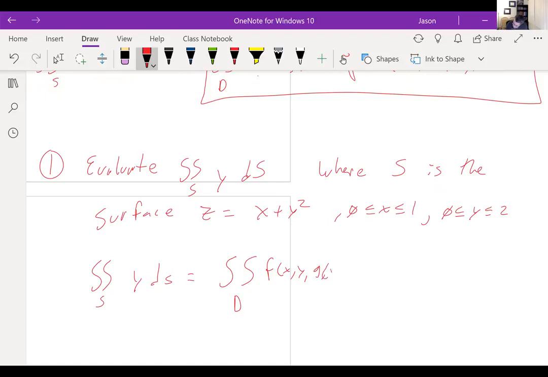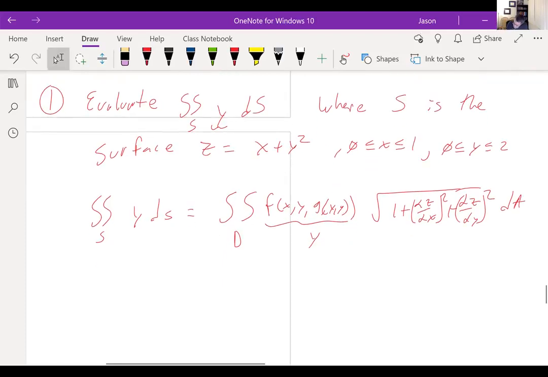But what is that? That's just y. It's just y times the square root of 1 plus dz/dx squared plus dz/dy squared dA.